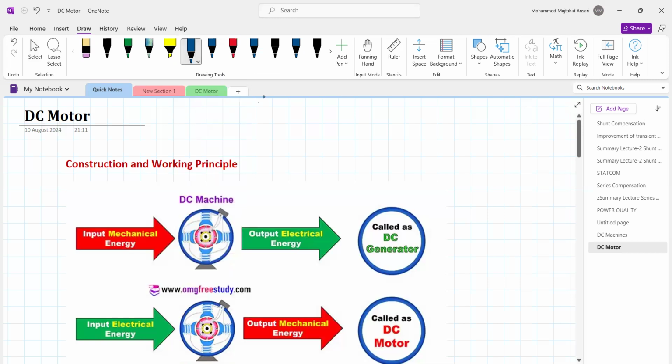So first, the construction of DC motor and DC generator is same.